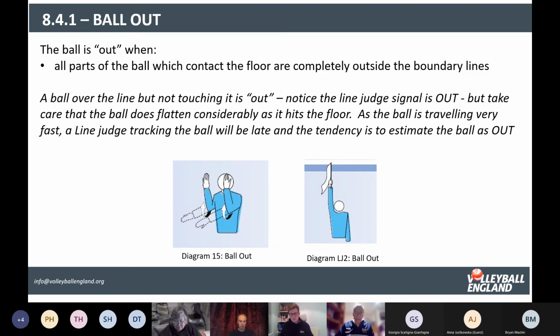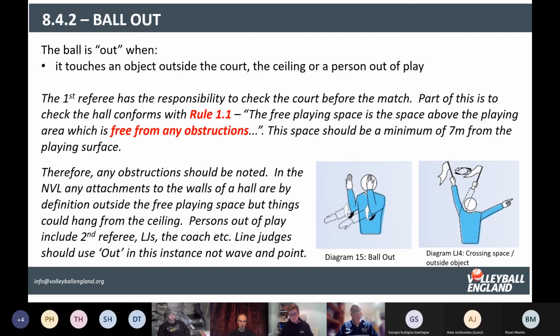A line judge that tracks the ball, and these are from the guidelines, will be late at the contact point, and therefore the tendency is to estimate the ball is out because it has moved on, further outside the court, when you make the decision. So that was a relatively straightforward part of it.